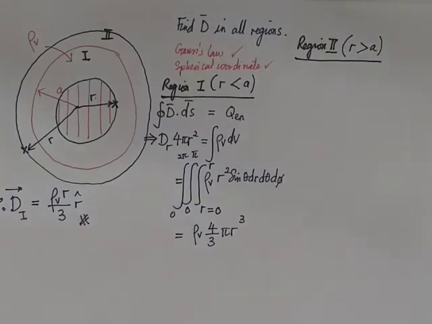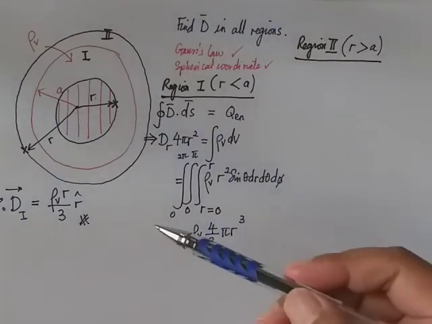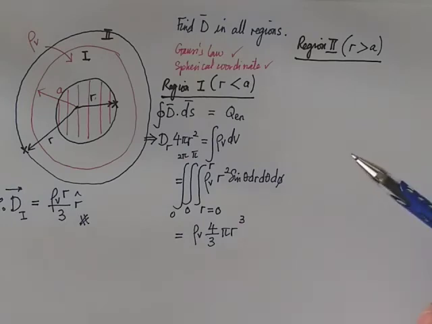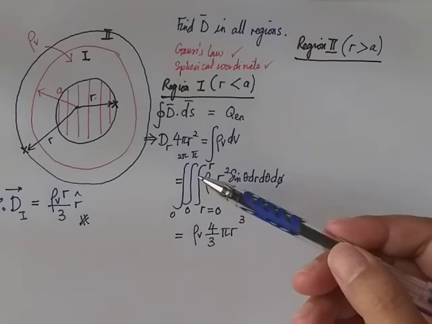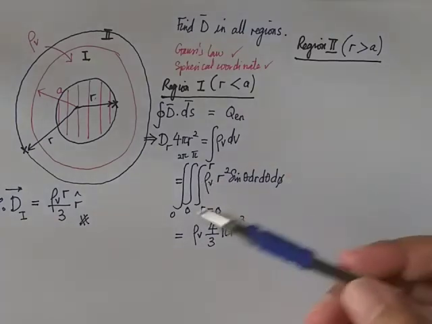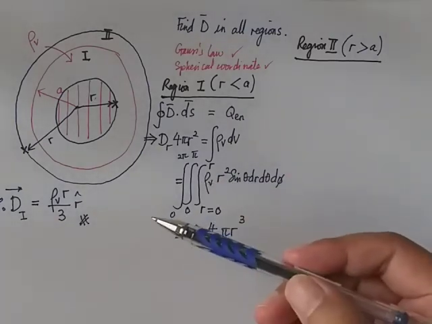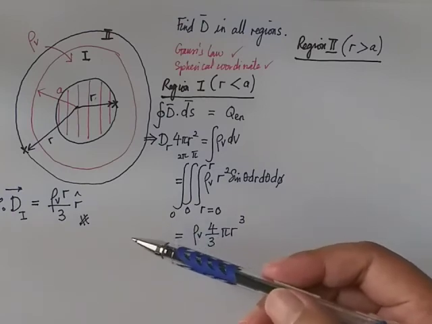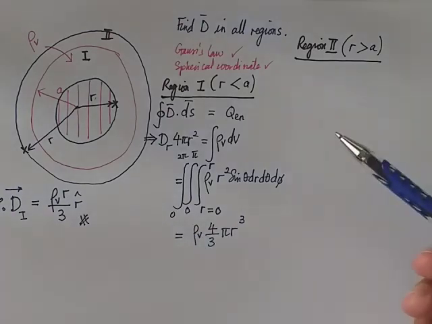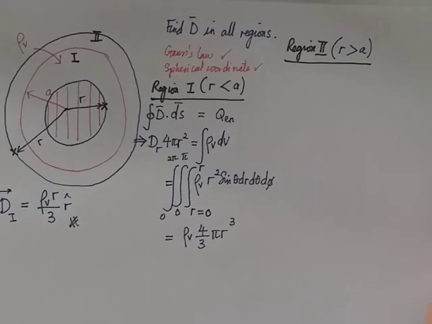So you can see the solution that we obtained for region number 1 is not applicable in region number 2. Similarly, the solution for region number 2 cannot be used when we are looking at region number 1. They are totally separated. Region number 1 is only applicable for region number 1, and similarly region number 2 is true for region number 2. Okay, so let's proceed now.